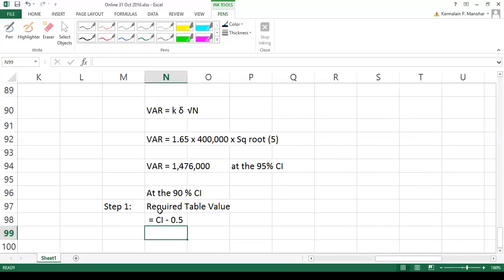What's our CI as a decimal? 0.9. Very good.